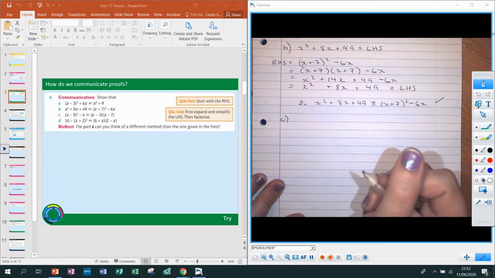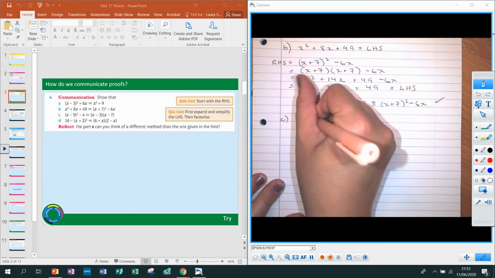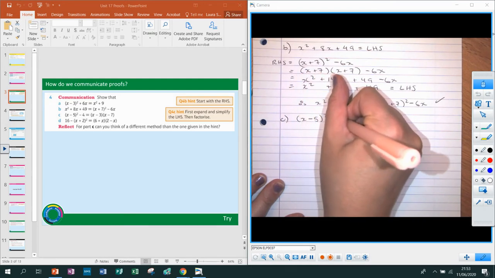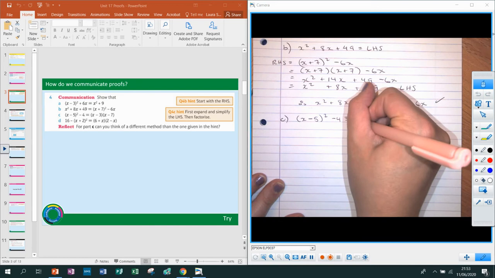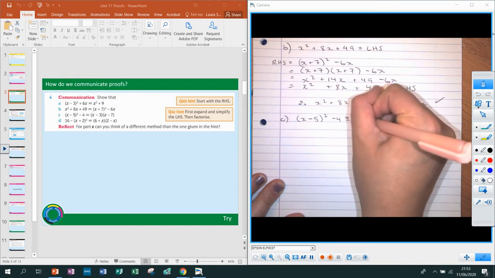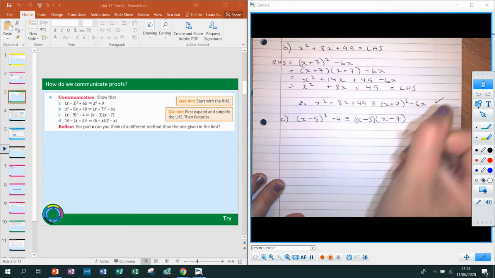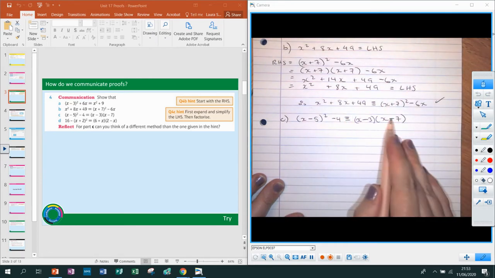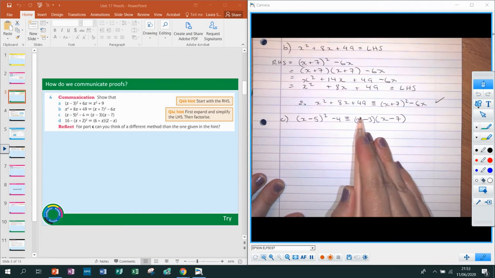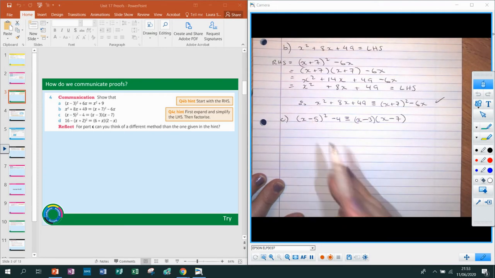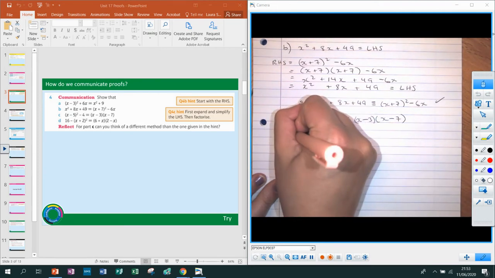Okay, part C, we have x minus 5 squared minus 4 is always equal to x minus 3 times x minus 7. Okay, so unfortunately for this one, we kind of have to work on both to get them to be similar. So let's start with the left-hand side.